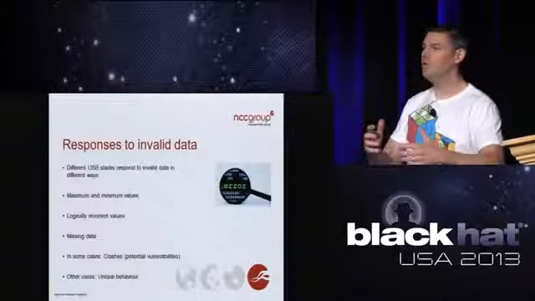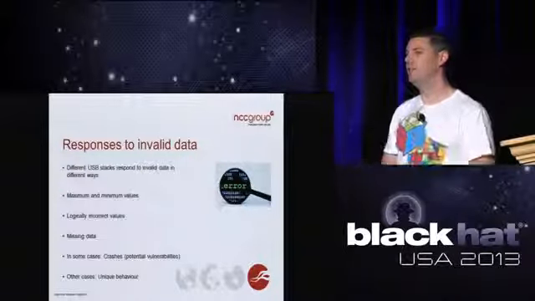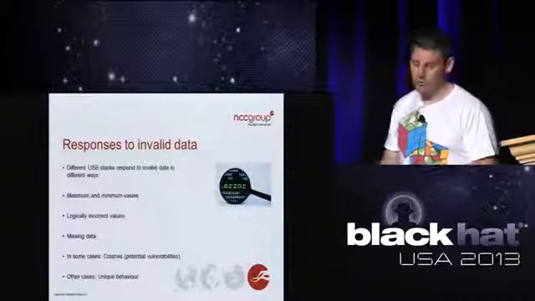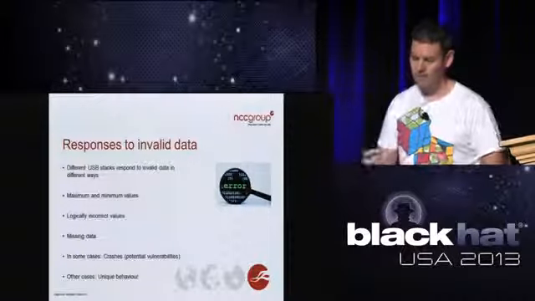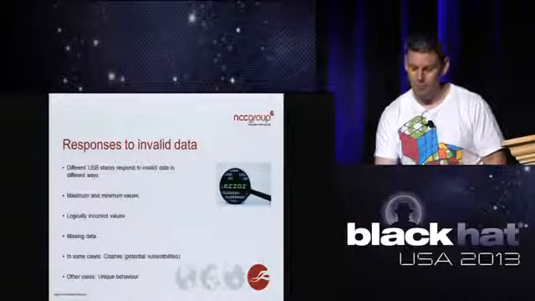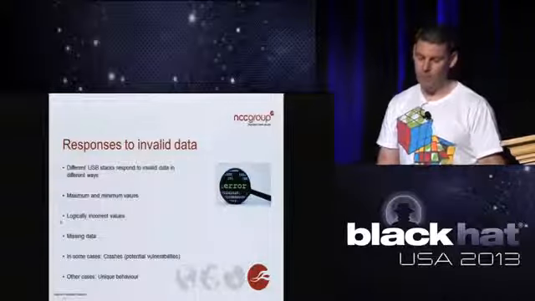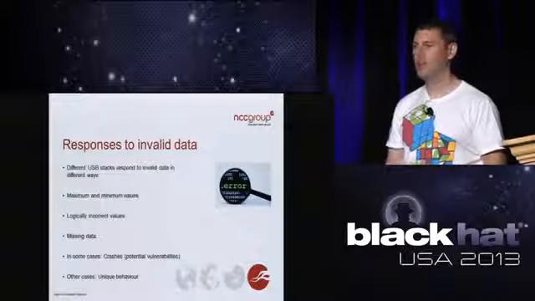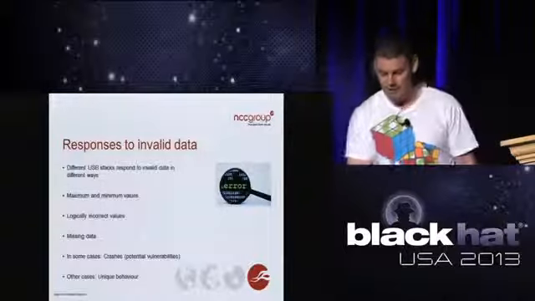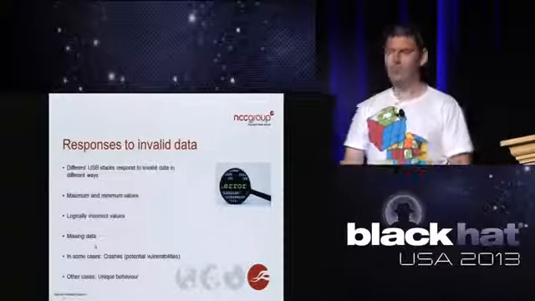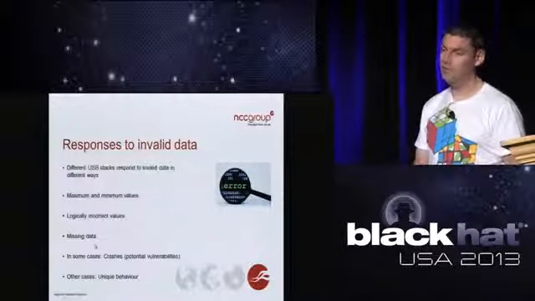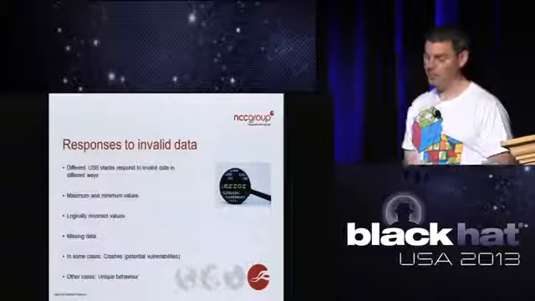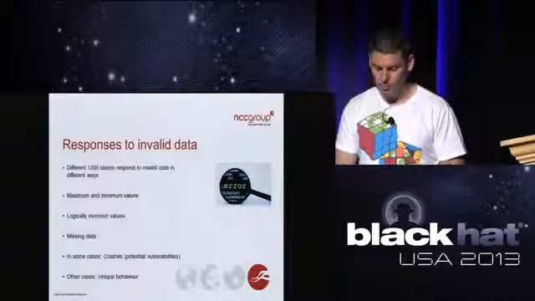If you look at the type of data provided within those descriptors, you've got length fields, values that could have minimum and maximum values, the ability to put logically incorrect information in there, missing data. So in some cases you get crashes, and from a fuzzing perspective that's great because you're identifying bugs.